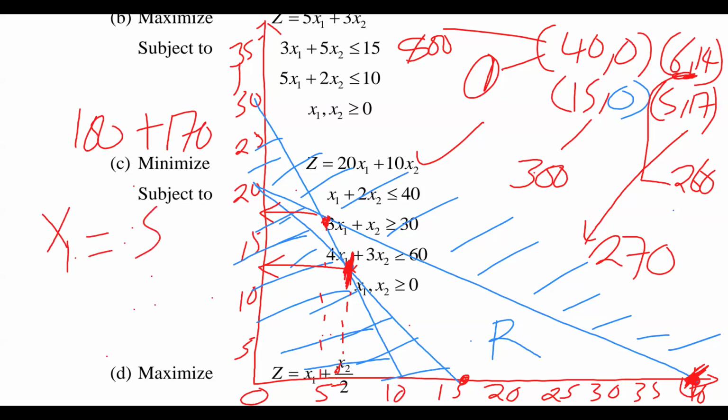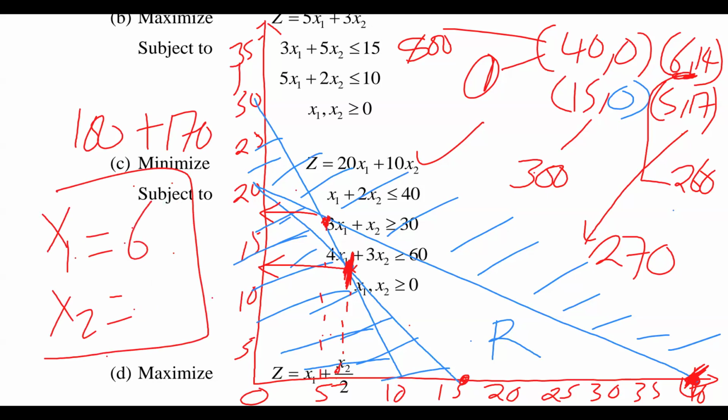X1 is equal to 6, and x2 is equal to 14. So this is 6 comma 14, and the 270 belongs to the other point. Any question? No question.